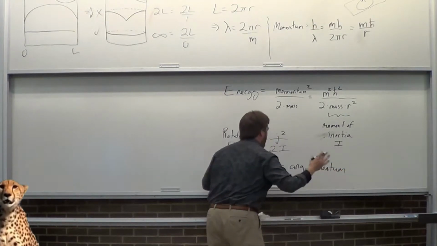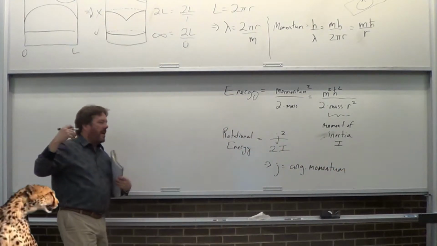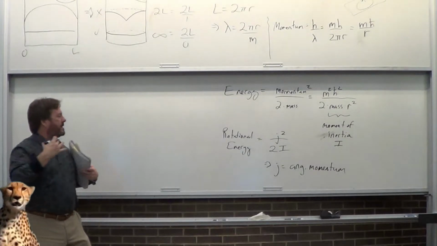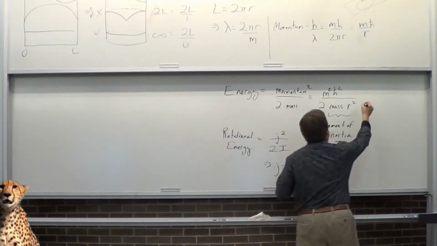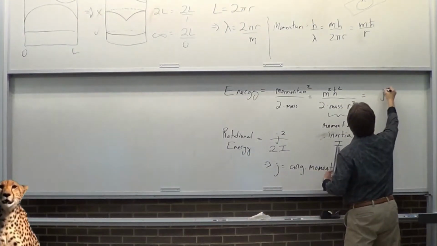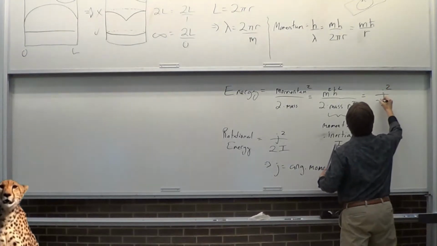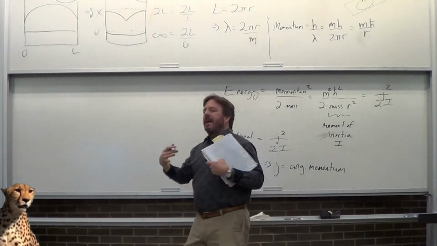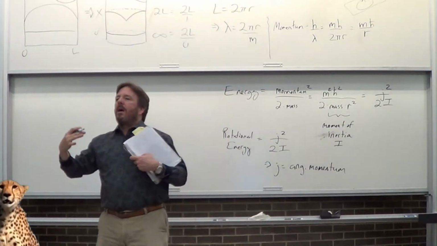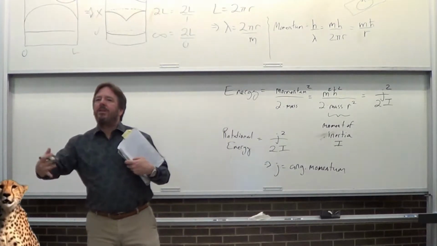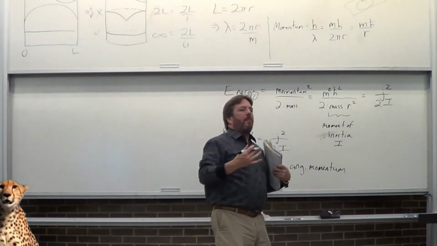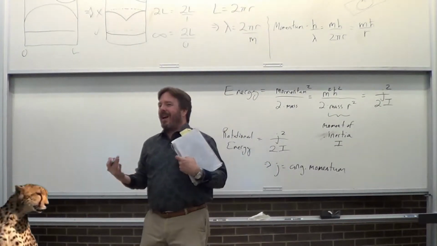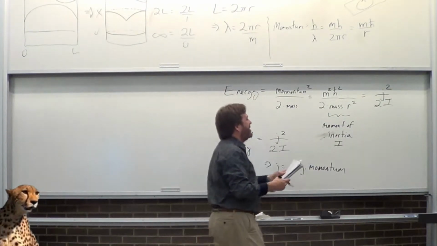And again, I'm going to review this literally in 30 seconds. What's nice about this is that it looks just like what we had before for kinetic energy in a straight line, P squared over 2M. It looks like P squared over 2M, but it's not. It's J squared over 2I.